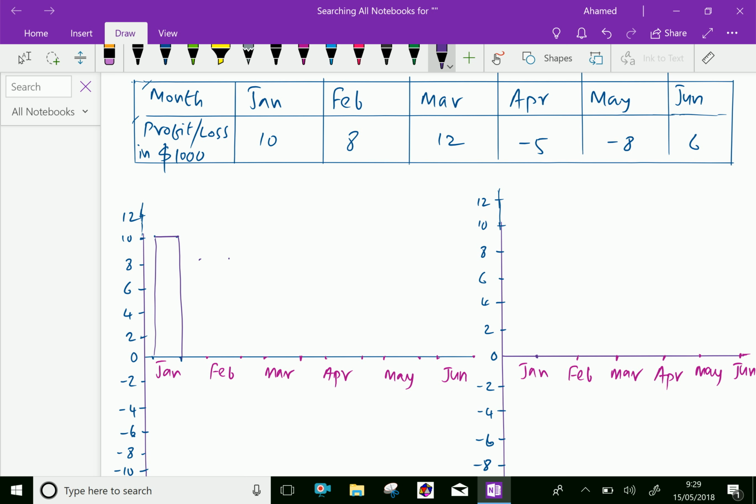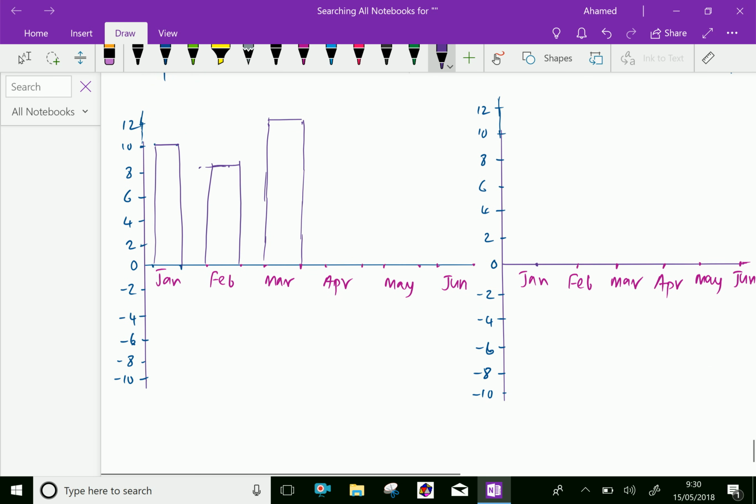Next, February is 8, so here we can put 8. For March, it is 12. April has -5, so it's going down.